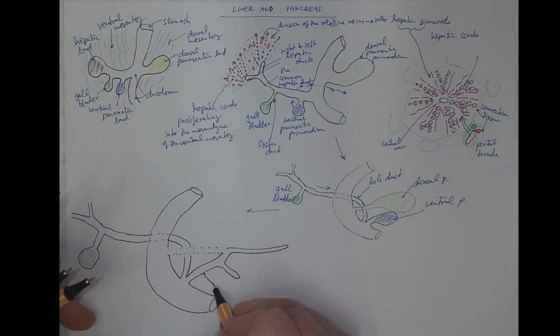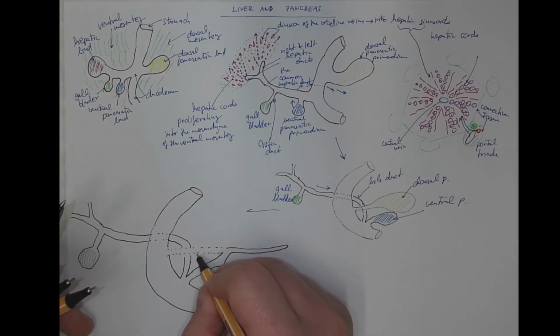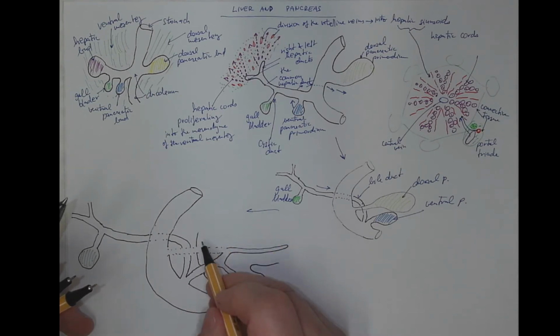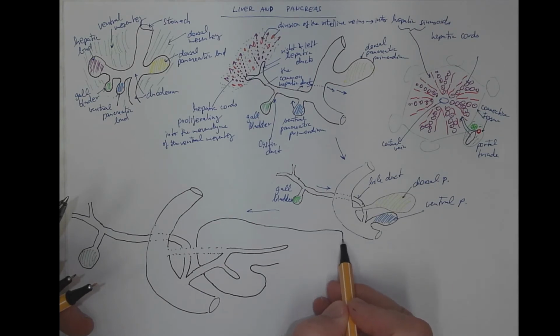So that's why we have the head here, the uncinate process, the pancreatic incisure, and here the head of the pancreas, the body, and the tail.